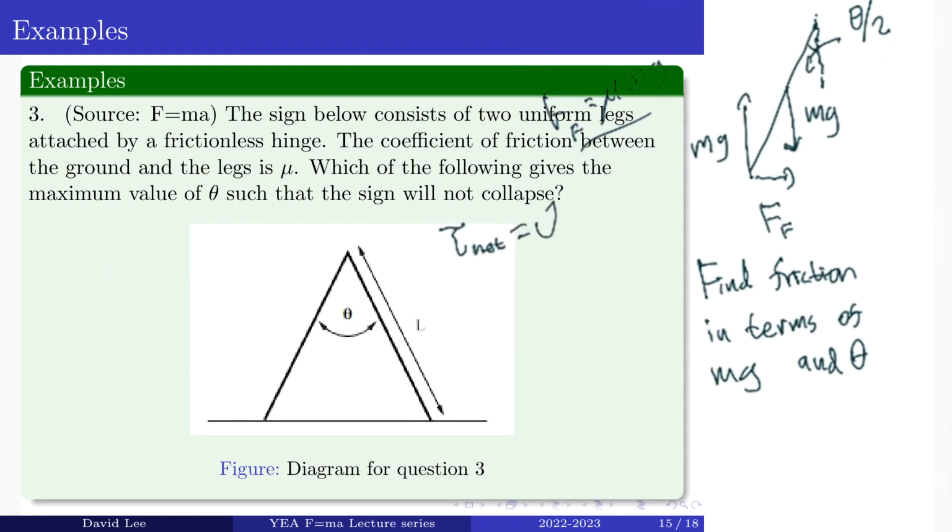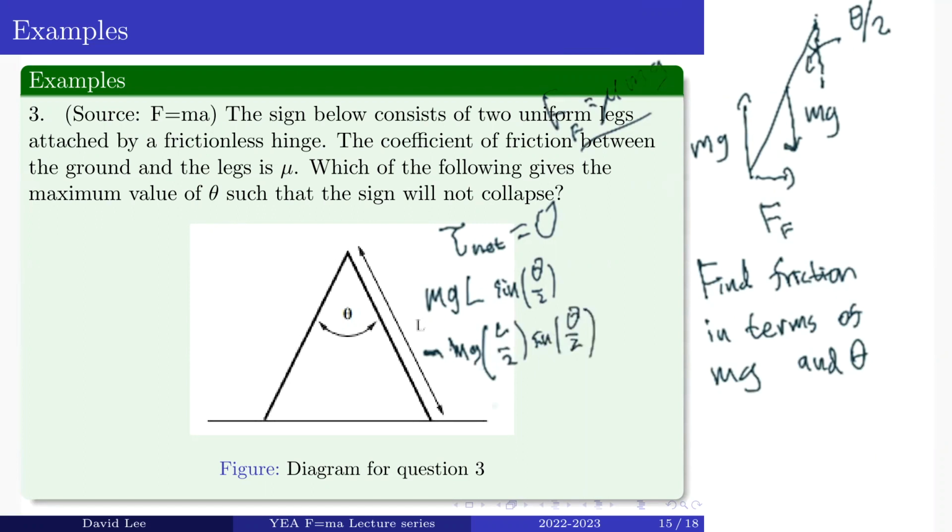And so there are three torques, of course. There is the one from the normal force, so that will be just mg times L times sine of theta over 2. And there's torque from gravity, which would be in the opposite direction, and mg, and this time it's only a distance L over 2, and the angle is also theta over 2.